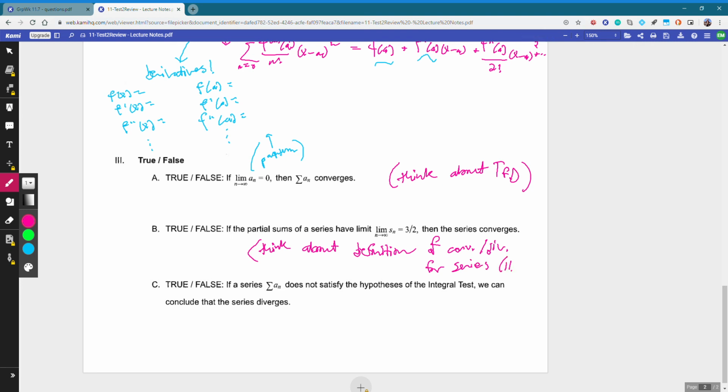This was way back at the very start of 11.2. For this third one, if a series does not satisfy the hypotheses of the integral test, we can conclude that the series diverges. Again, here, I encourage you to think about what the integral test says and what it does not say.